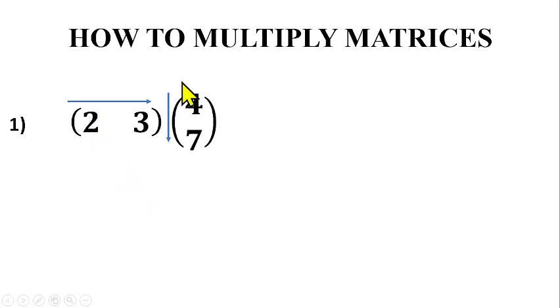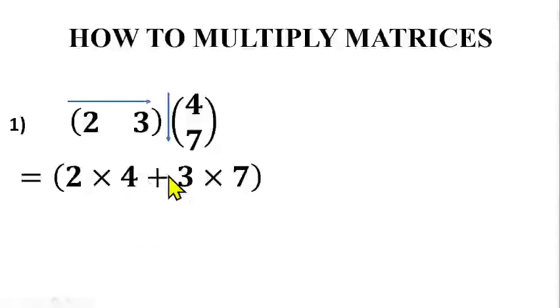So the row will multiply the column. That means 2 will multiply 4, 3 will multiply 7. Don't forget that the row is multiplying the column here. So we have 2 times 4 plus 3 times 7. What would that give you?